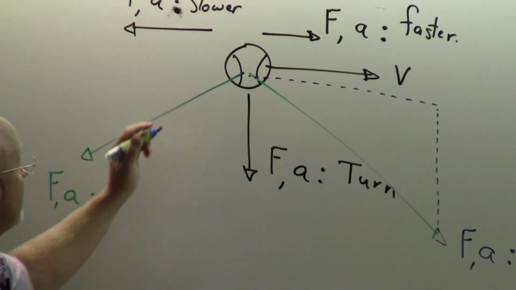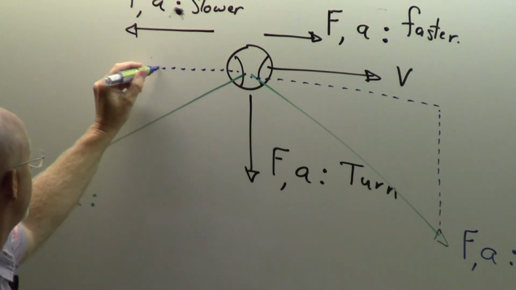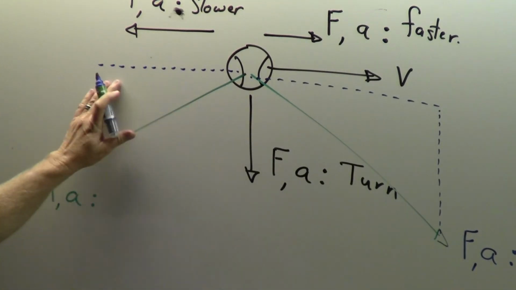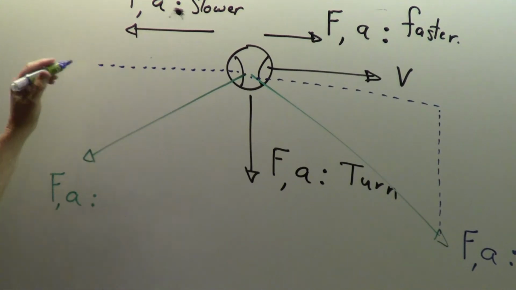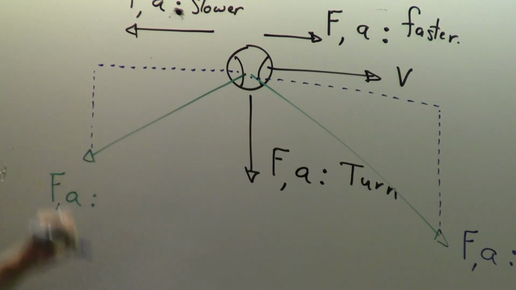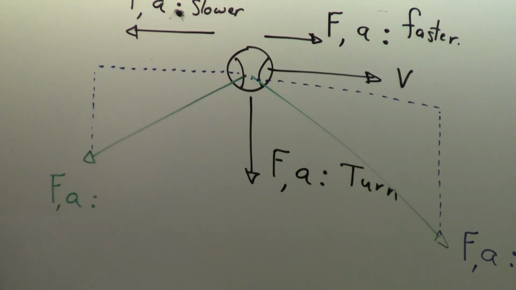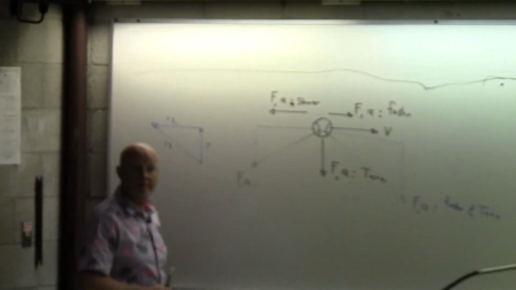Because you can think of this little arrowhead as part of it going this direction. That's the part that makes it go slower. And then this part. Sort of like I did at the beginning of this tape, where I took that scale and I was pulling with 13. I can think of that as 5 up and 12 over.